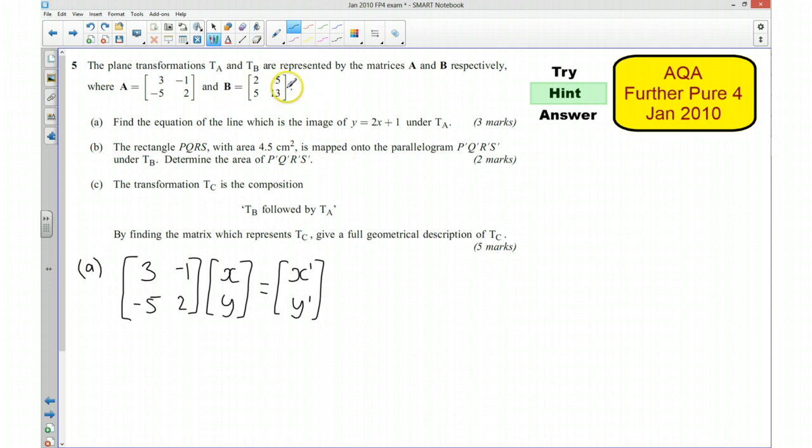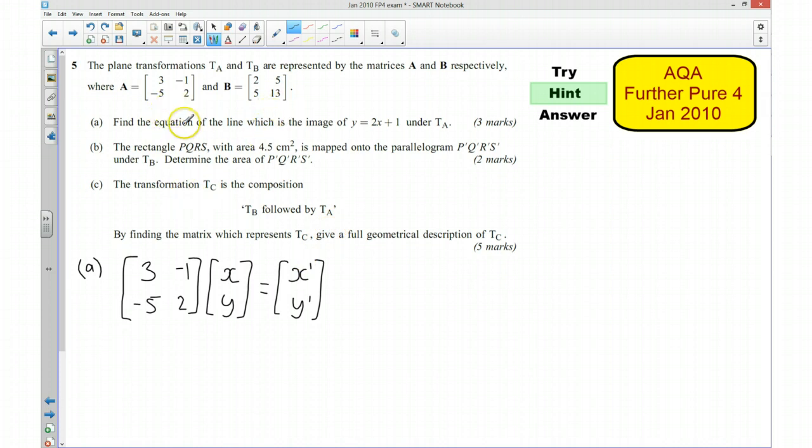Okay, so for part C, we've got the transformation as a composition of B followed by A. So I need to find a matrix which represents this transformation and then give a full geometrical description of it. To get B followed by A, we first need to decide which order I need to find the product of these matrices in.